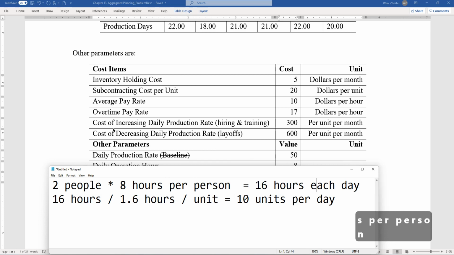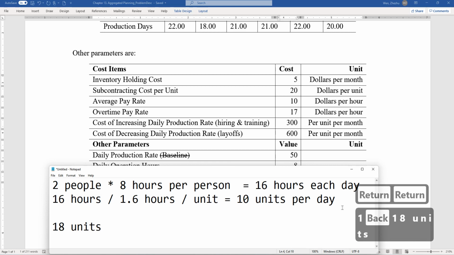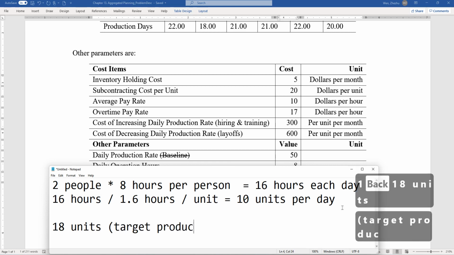So it's basically telling you in order to increase daily production rate, that means you are hiring more people. Cost of doing so will cost you $300 per unit per month. So in case you'd like to increase your production rate to 18 units, let's say this is your target production rate, right?